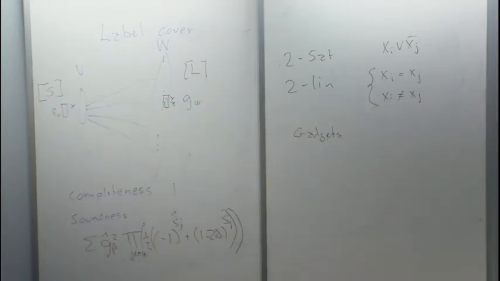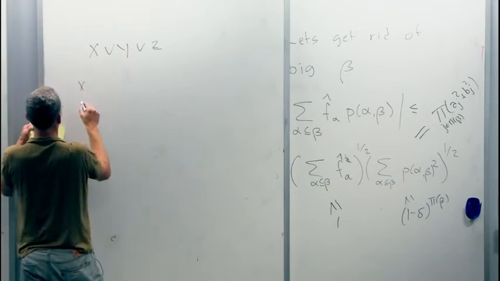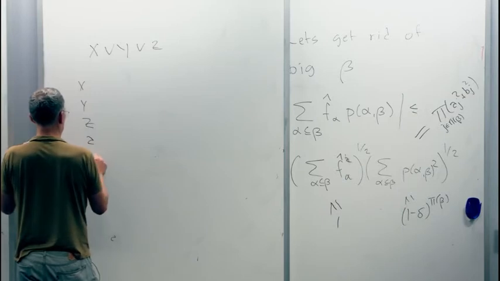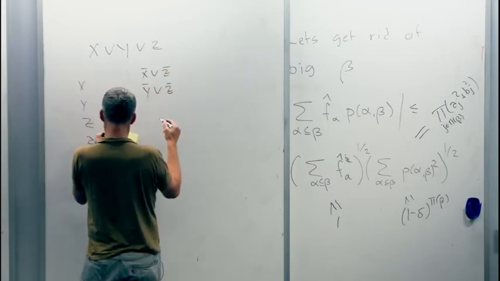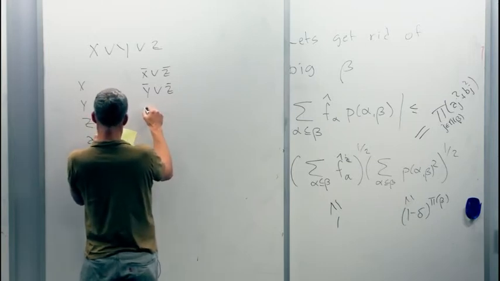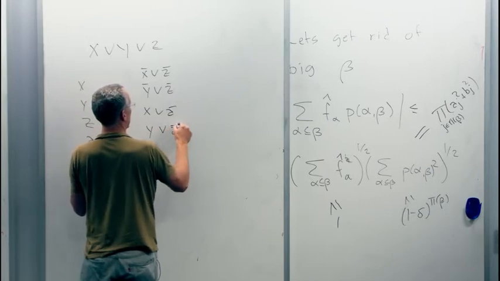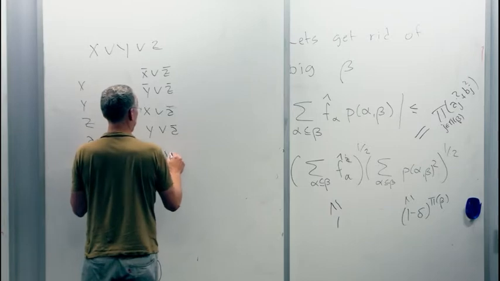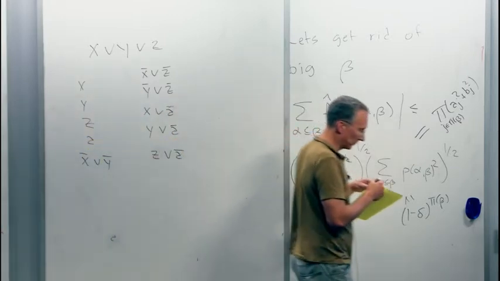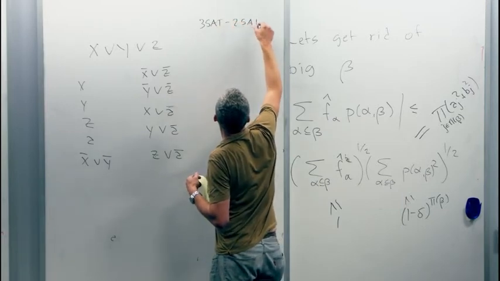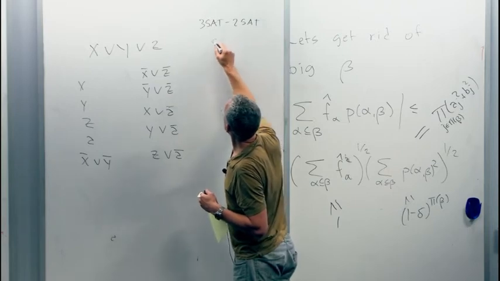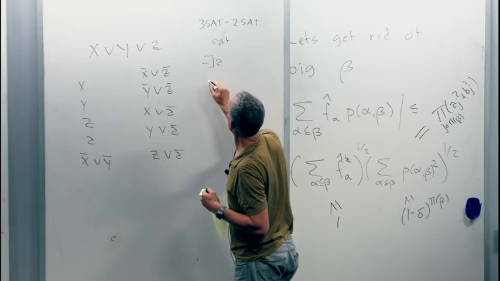So let me write down a gadget. So this is a 3-SAT to 2-SAT gadget, and it has the property that if this clause is satisfied, there exists a value for A such that 7 clauses are true.